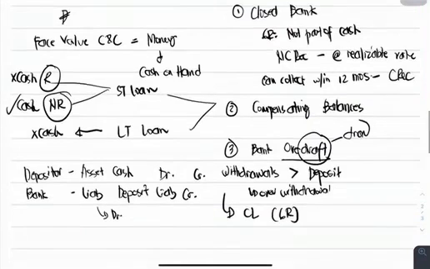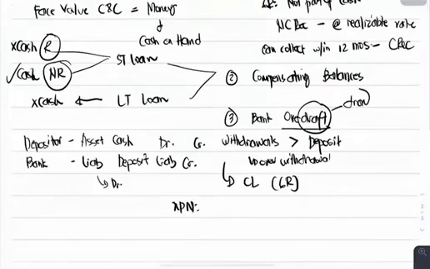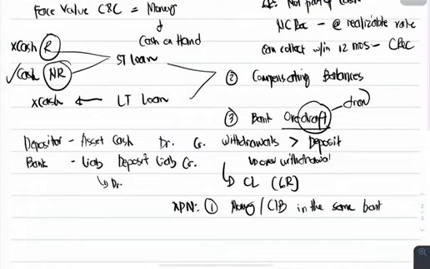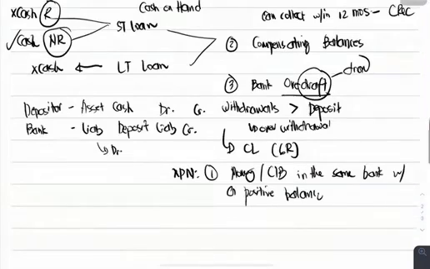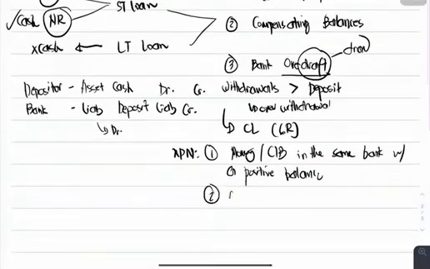The exception to that rule is, first, if you have money or cash in bank in the same bank with a positive balance. Next is if the overdraft is immaterial.